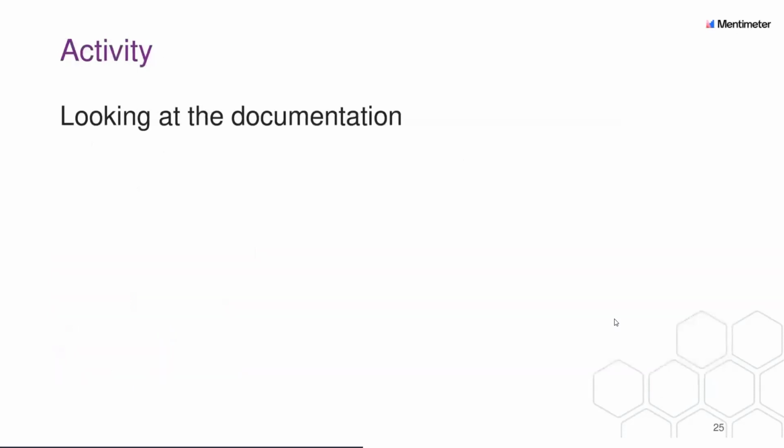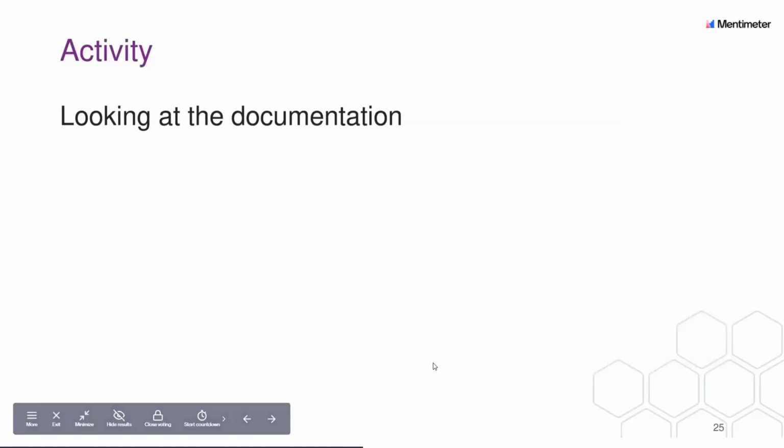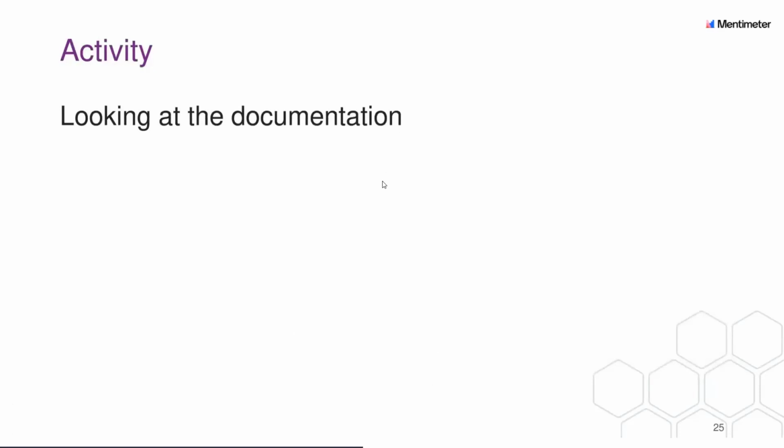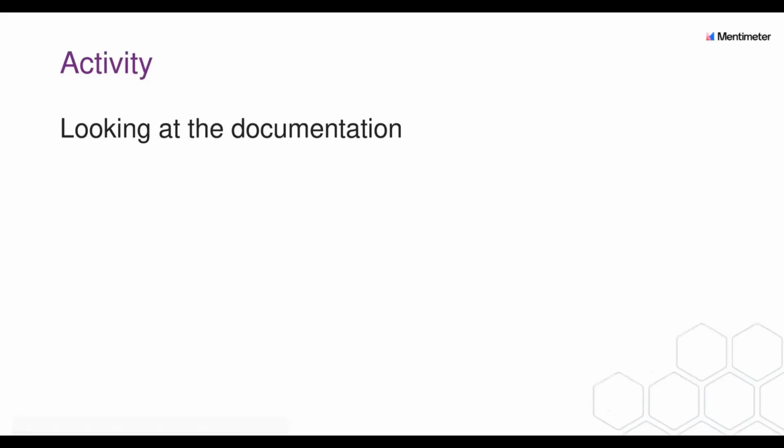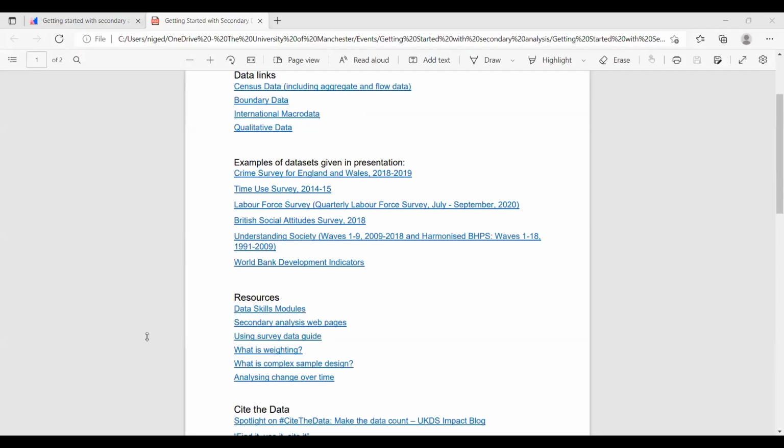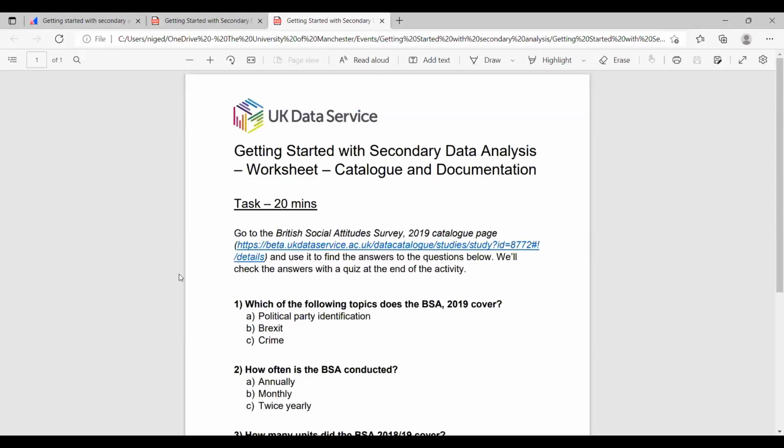So the first activity is on a PDF, which you've been sent before, but what we want to do is to go and look at the documentation. So what we're going to do is go to the British Social Attitudes Survey 2019. Now this version is an open access one.